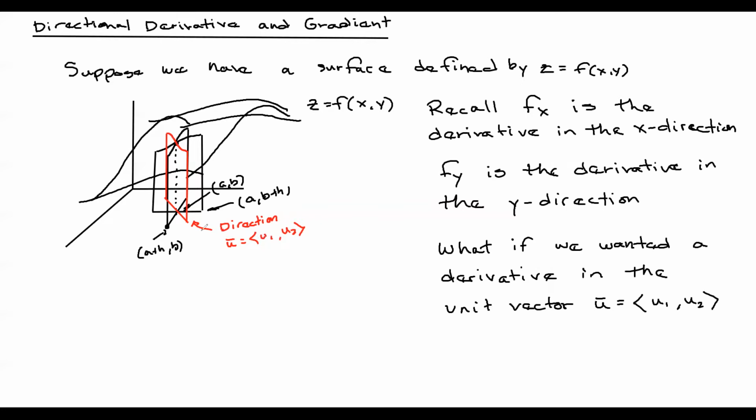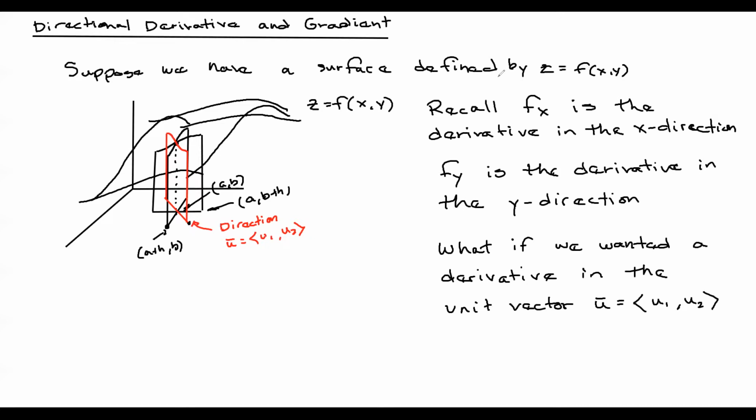Okay, so if we're stepping in the direction (u1, u2), then we want to take an h-sized step that way. So what would an h-sized step look like? Because we defined u as a unit vector, and unit vectors are length 1, we would just take h times (u1, u2). I'll just write it and then it will make more sense.